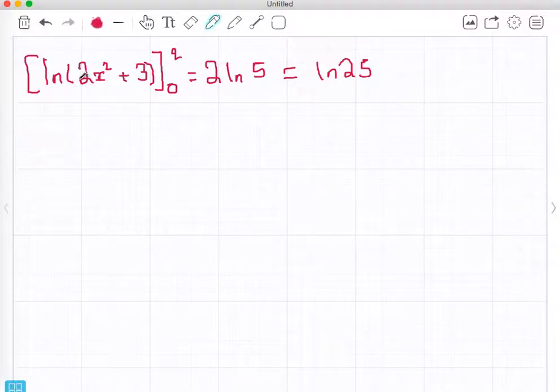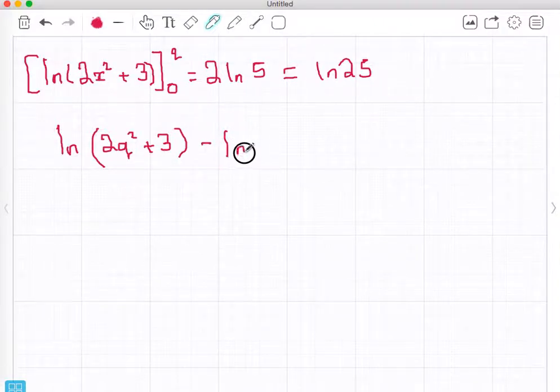Now I'm going to put the q into here. So basically I've got log of 2q squared plus 3. Now I'm going to put in 0. When 0 goes in, it's going to give me log 3.